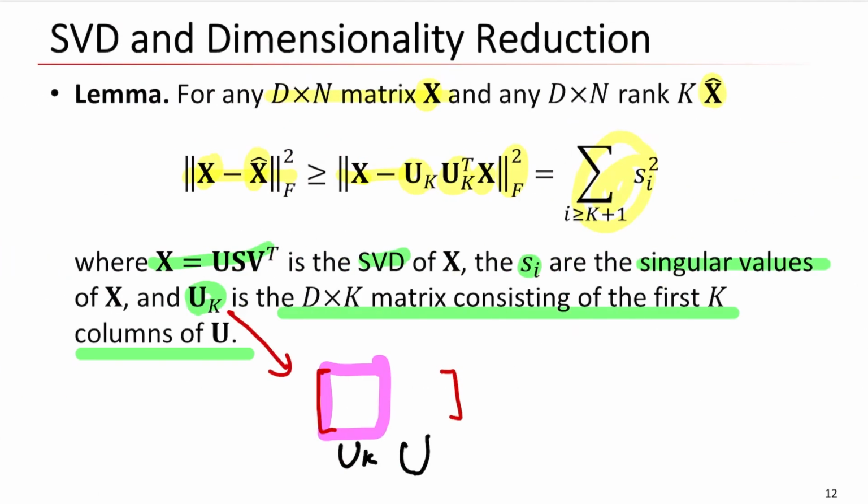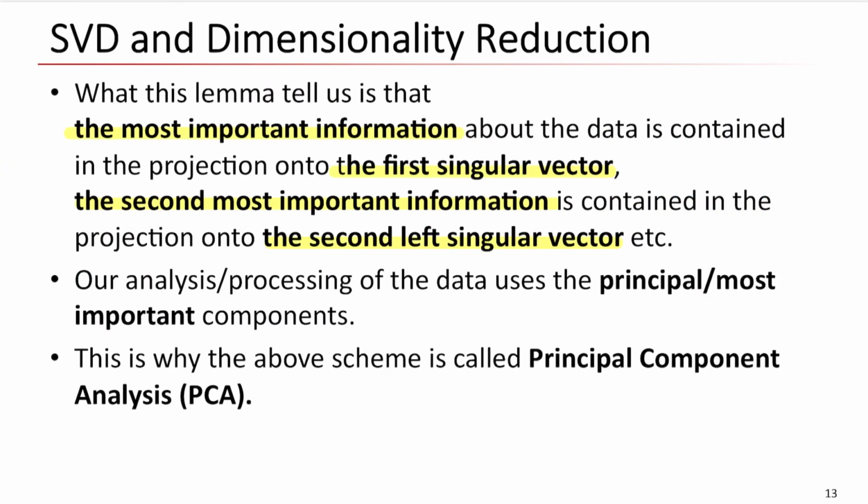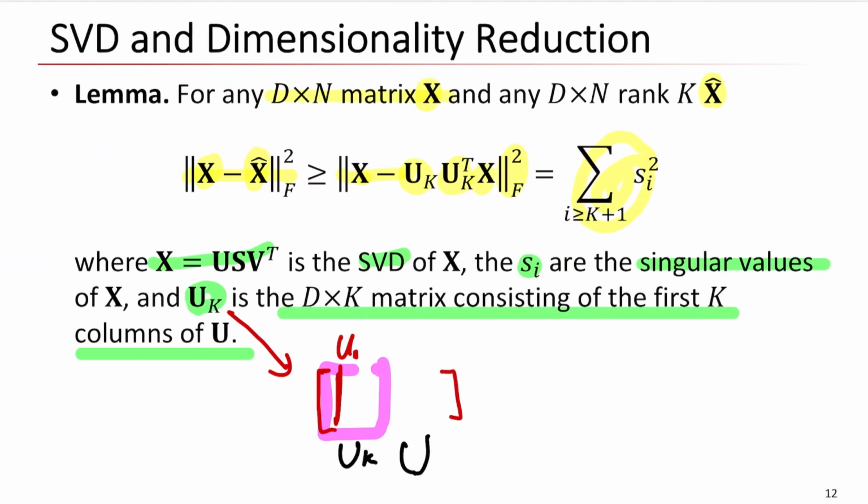Recall that the first column, small k equal to one, is just U1. U1 contains the most important information about the data, and the second most important information is contained in U2, right?